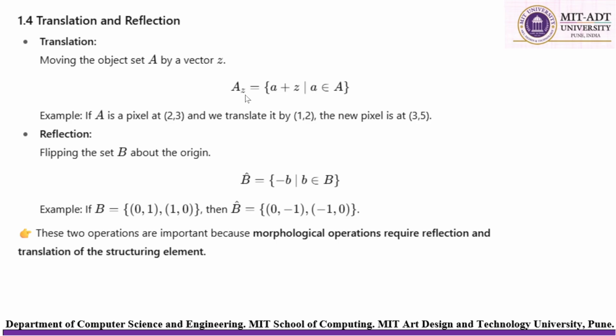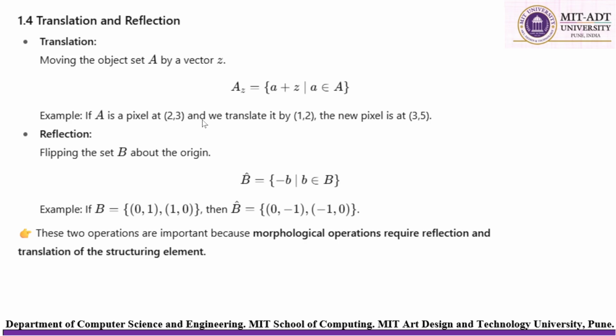It is denoted with A_z, equal to a plus z, such that a belongs to set A. For example, suppose A is a pixel at 2 comma 3 and we translate it by 1 comma 2. The new pixel will simply be the addition of these two, the original object plus the move that you are allowing.